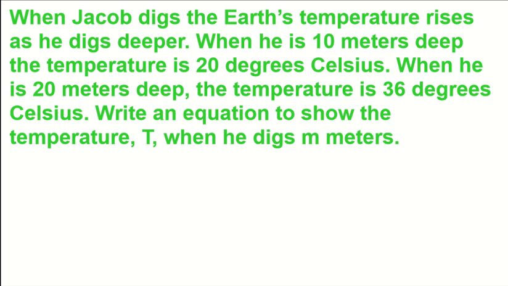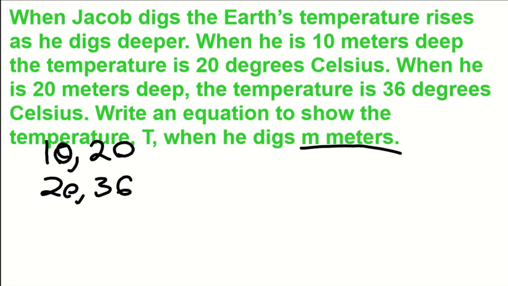But first thing we need ordered pairs. We normally have x and then y. When we don't have x and y, we got t and m. Distance, which is what meters are, is usually going to be an x value. So if we go 10, 20, and then 20, 36.